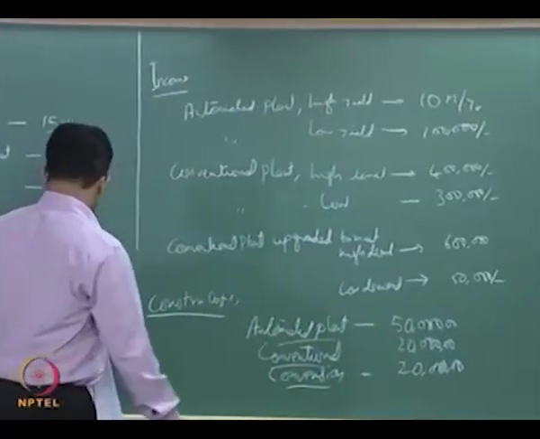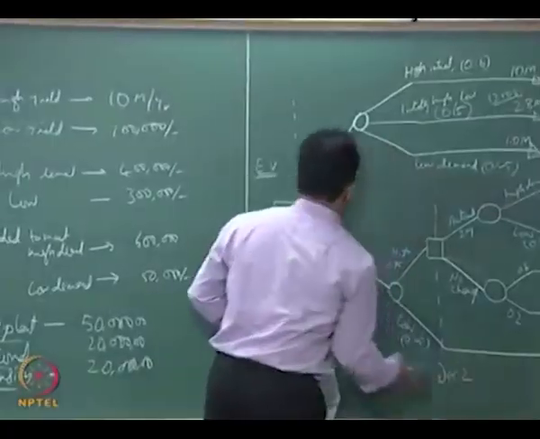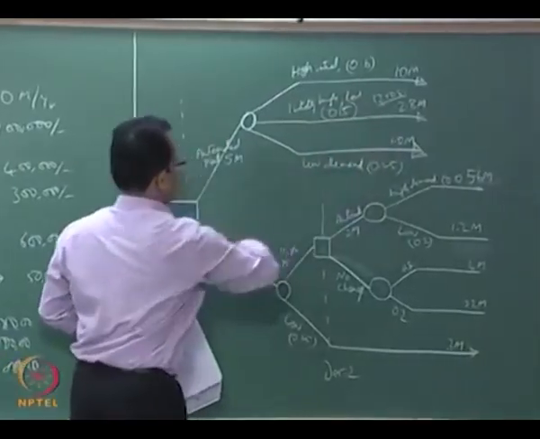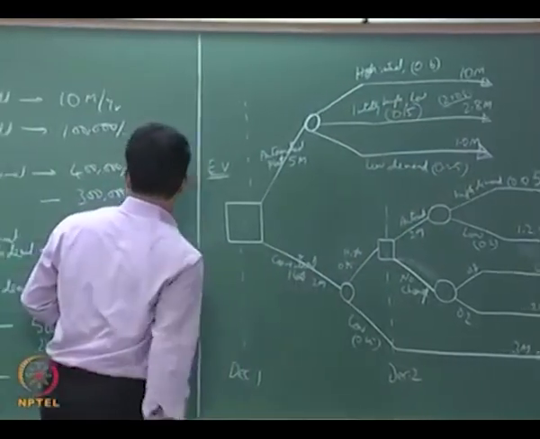To find out the expected value of the first decision, we need to find the expected value of each of these branches.